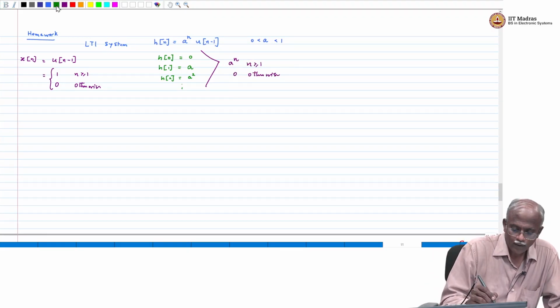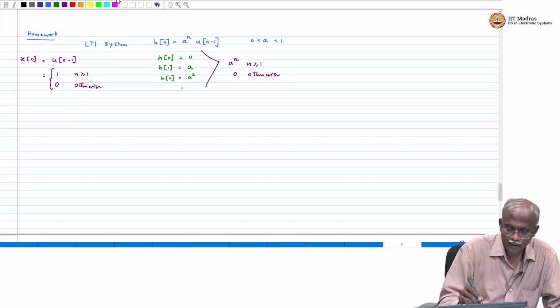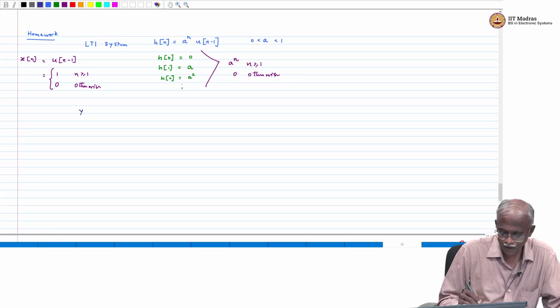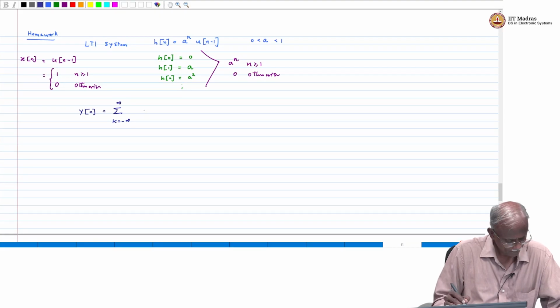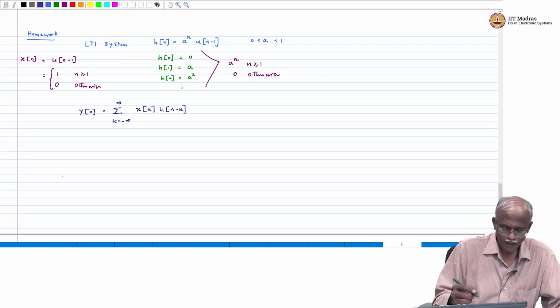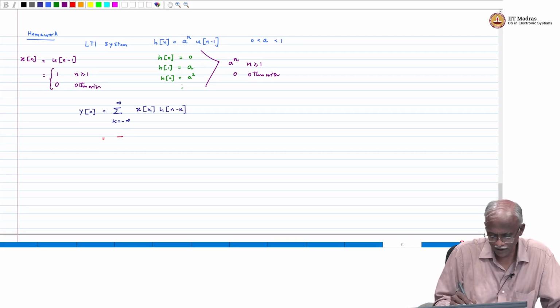So, now I want you to look at the convolution y of n is equal to summation k equal to minus infinity to infinity x of k h of n minus k. Okay, and we do not need to do it one step at a time. We can substitute for both.